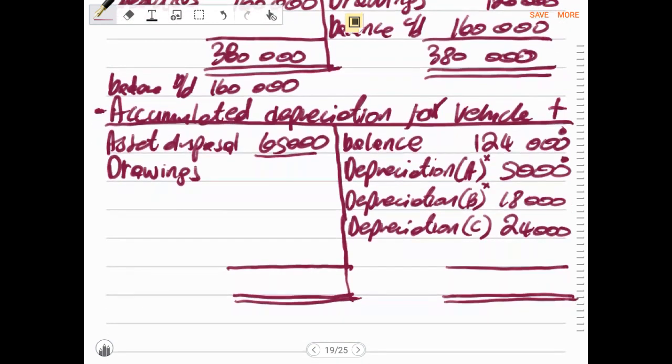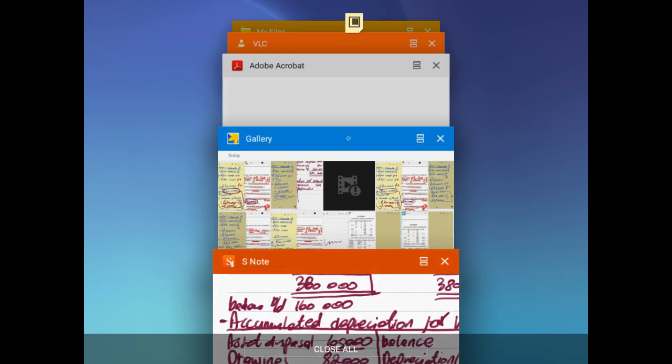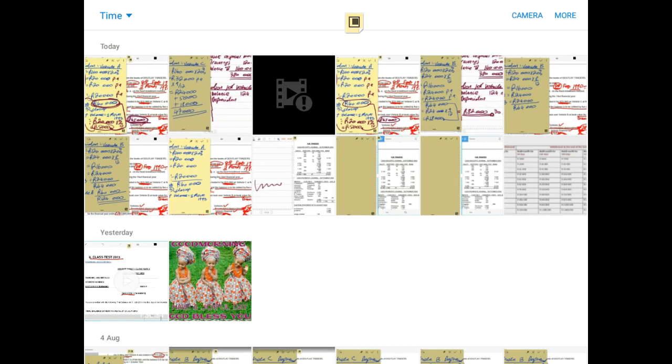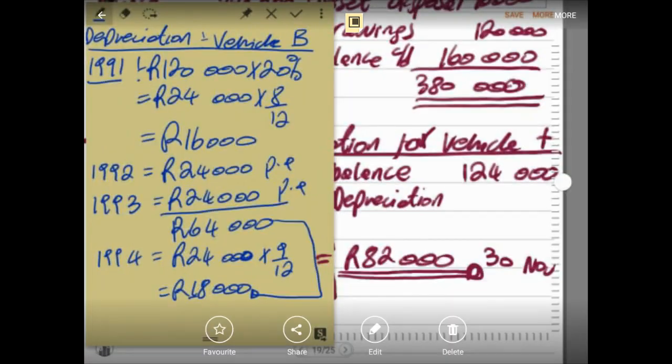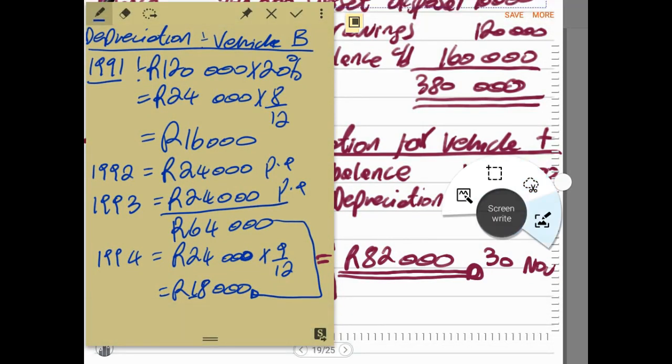So we have to record 82,000 rands. I think it was 82,000 rands of the accumulated depreciation for this motor vehicle. Let us just confirm. Motor vehicle B, we calculated the depreciation for motor vehicle B. There we have it. We have 82,000 rands, which was the total of all the accumulated depreciation.